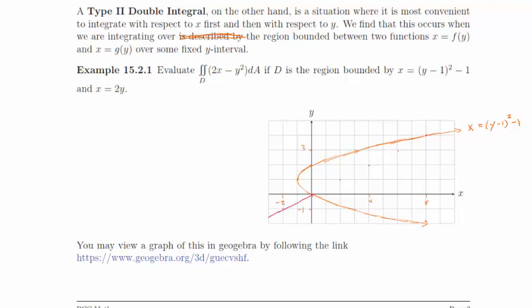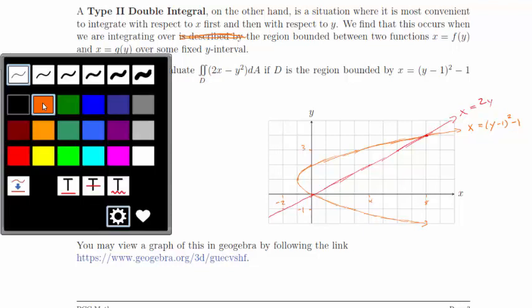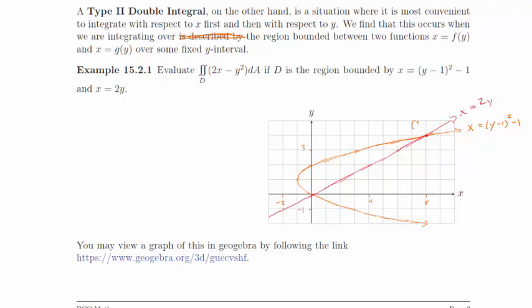So we can draw our line now, x equals 2y. I'm going to switch back and label some of the points on my other graph. We have the point 8, 4, and negative 1, 1.